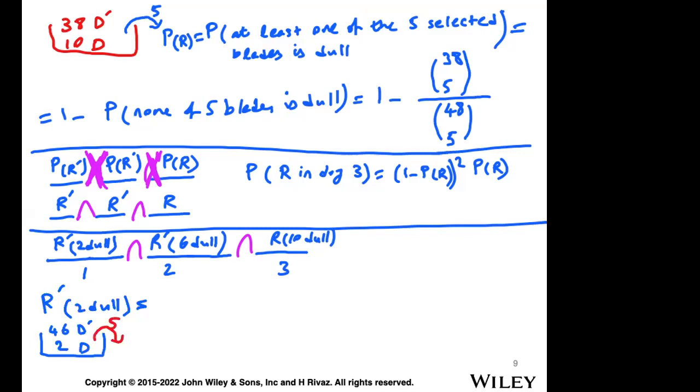And I want not replaced, so that means I want these 5 that I'm selecting to be among the 46, divided by 5 among 48. So this is the first part.